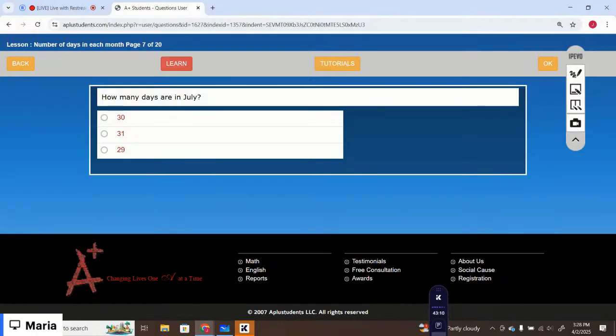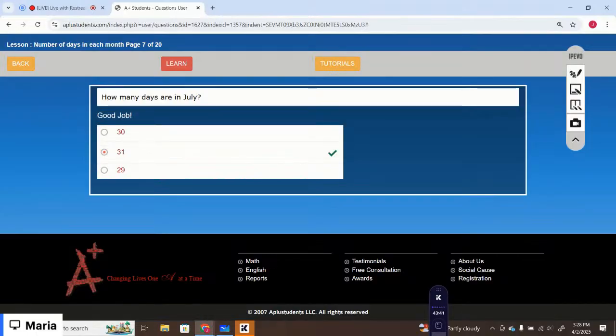How many days are in July? There are 31 days in July. The correct option is 31.